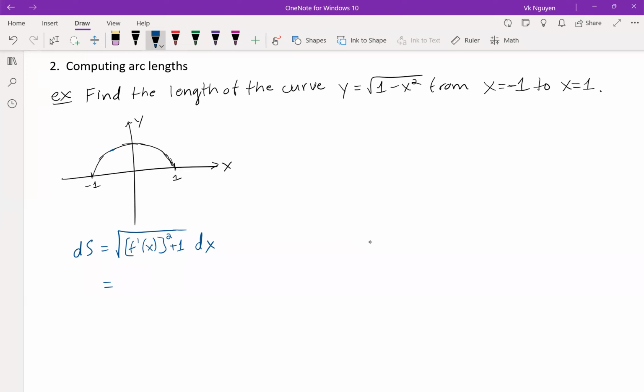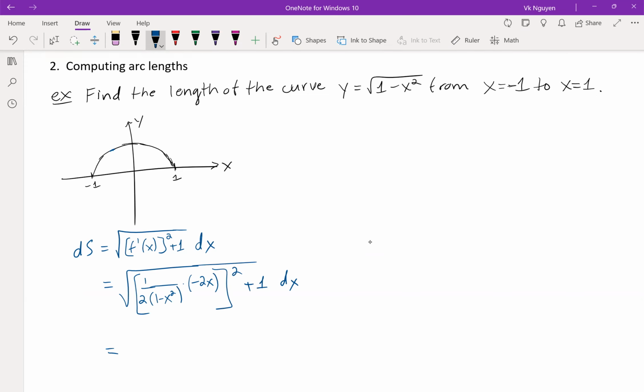The derivative is 1 over 2 root of 1 minus x squared times -2x. Then we're going to square it, plus 1, dx.